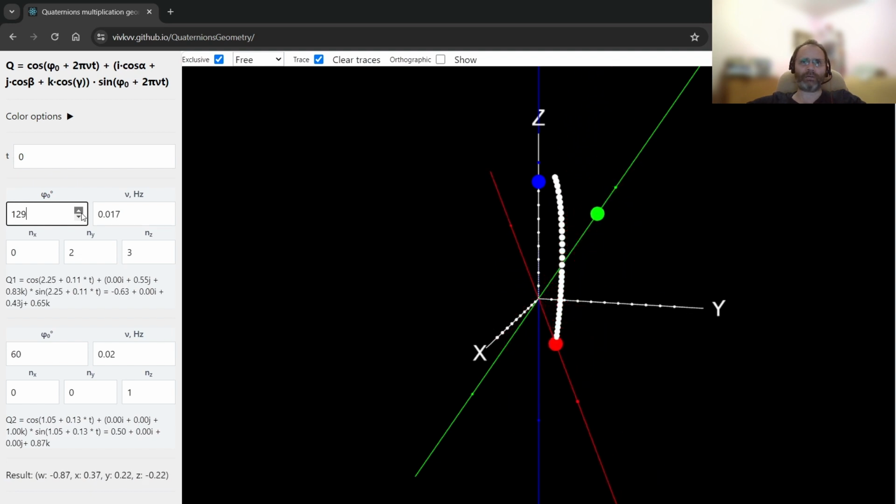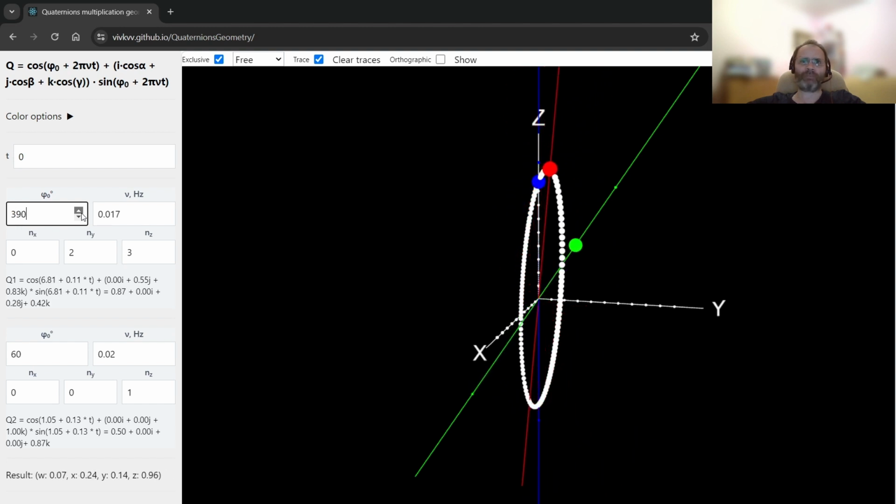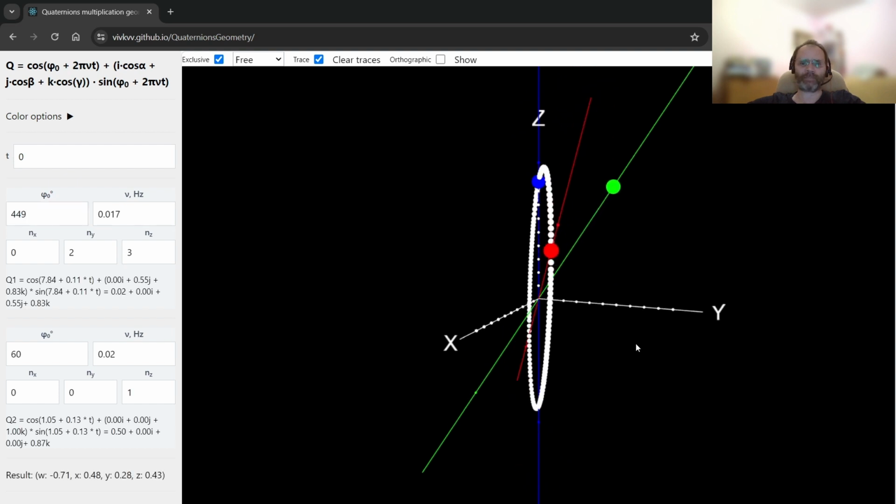As we already found out, this will be an ellipse lying in a plane, and look what happens if we project this trail onto the xy plane. This trail will be projected onto some straight line. Let's see.